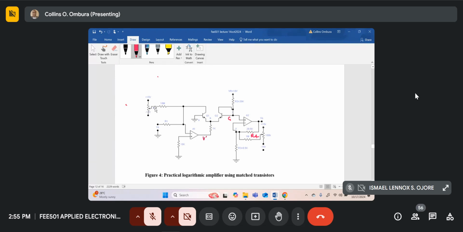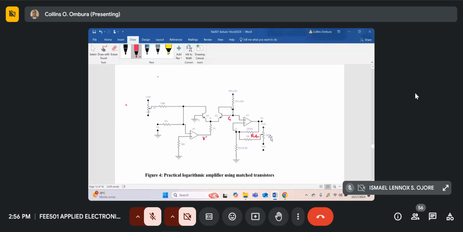Potentiometer P1 is used to null offset this op-amp A1, and this other potentiometer, at the extreme right of the circuit, is used to null offset the other one. We call it null offsetting the op-amp. You go to the lab and ground the two inputs of an op-amp, put the power supply, put a voltmeter at the output, and you'll be shocked at the voltage that appears at the output, even with the inputs grounded.